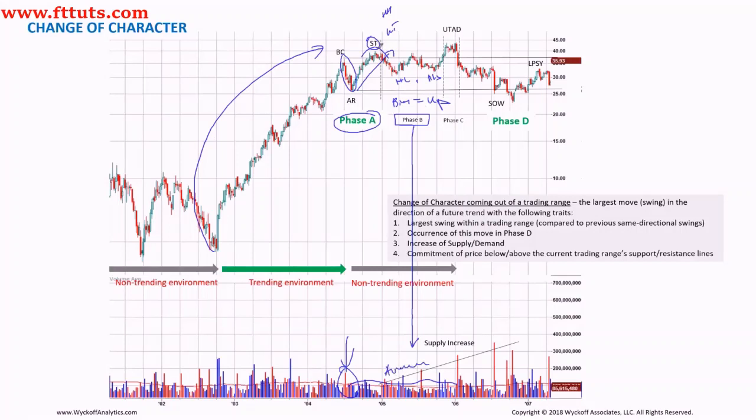And it doesn't produce anything larger than the change of character, which by itself is not such a big retracement from the lows of phase C into the buying climax high. So I'm still going to be thinking that this is a potential reaccumulation at this point.